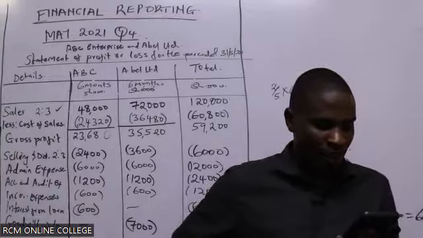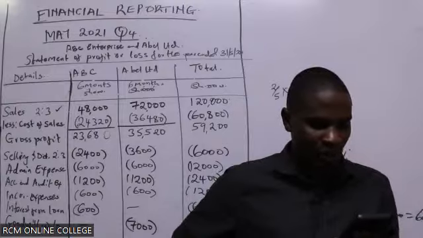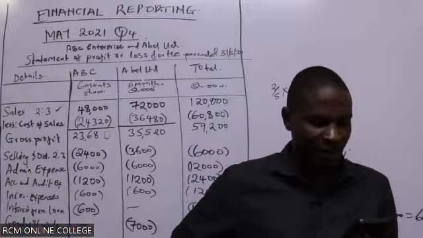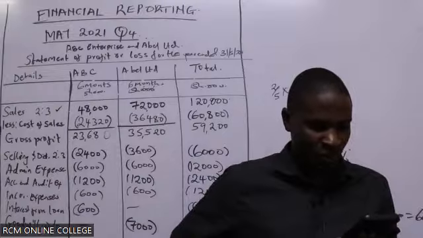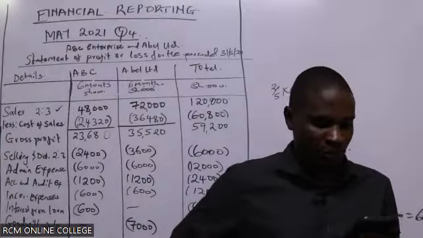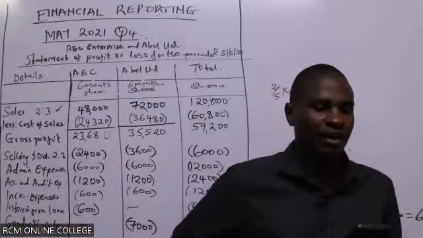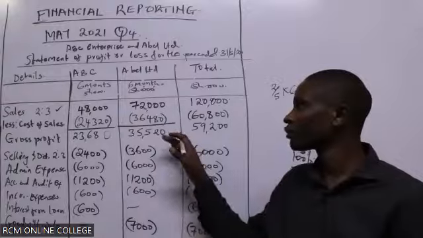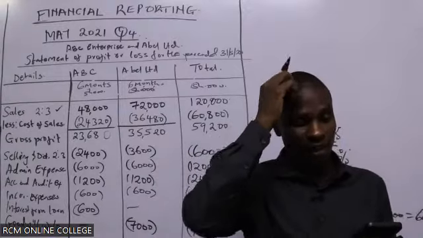So what I want us to finish first is this director's salary, and then we come back to what Maserin is telling us there. So salaries, we may agree that it will be part of Abel Limited, the company.